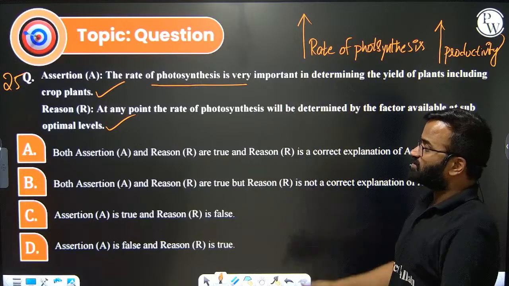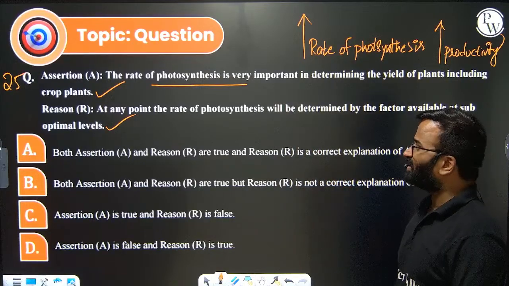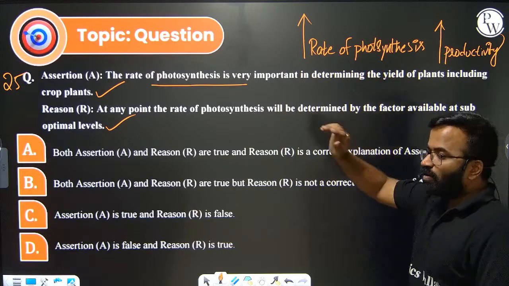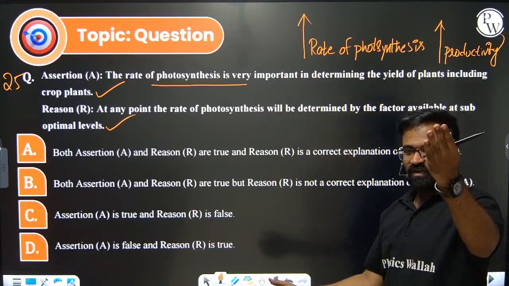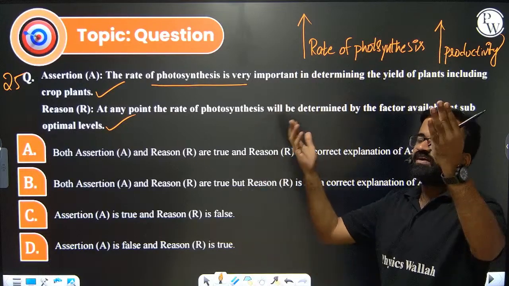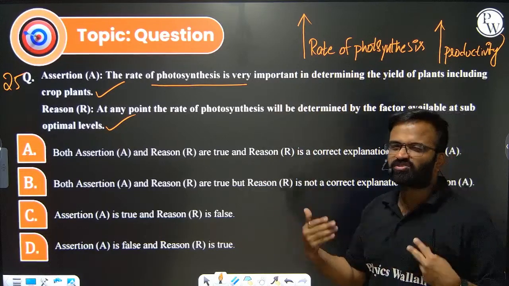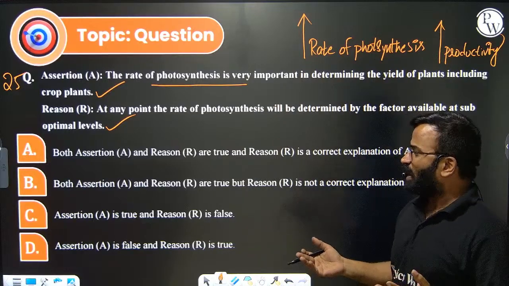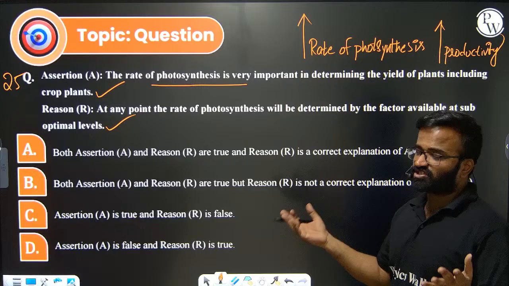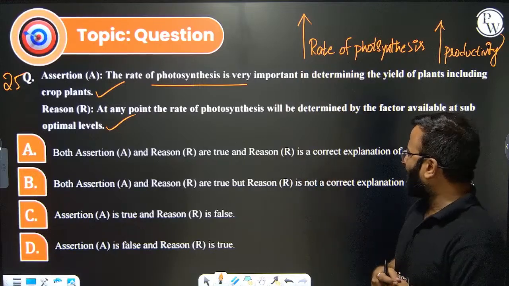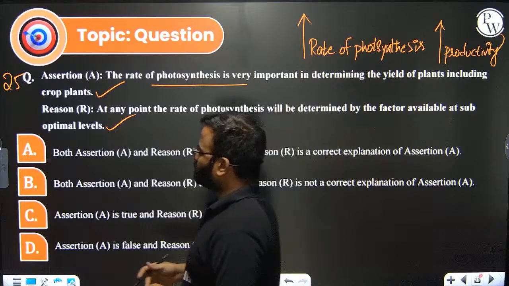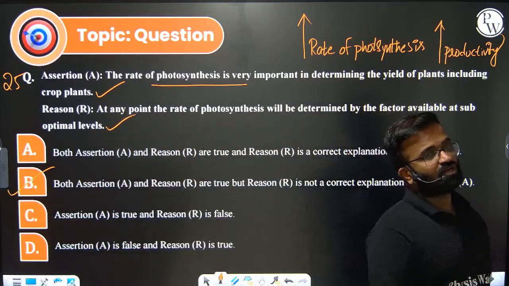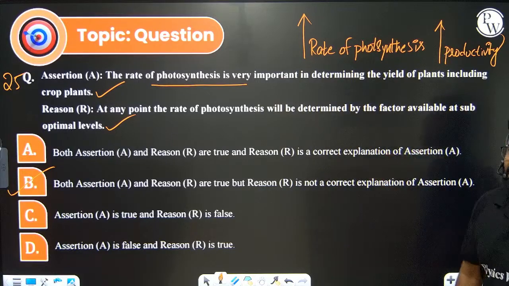That is what the statement as a reason is saying, but this is not explaining the rate of photosynthesis and productivity. He should talk something about carbon reduction and the action spectrum. That would have been a better answer. So I would say both these statements are true, but the reason is not actually explaining the assertion. So B will be your answer.